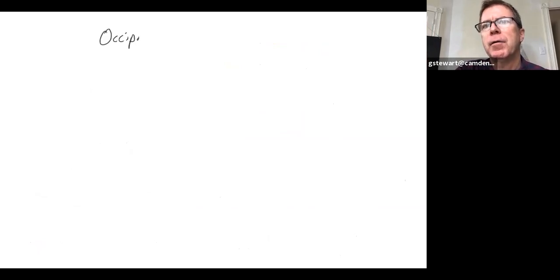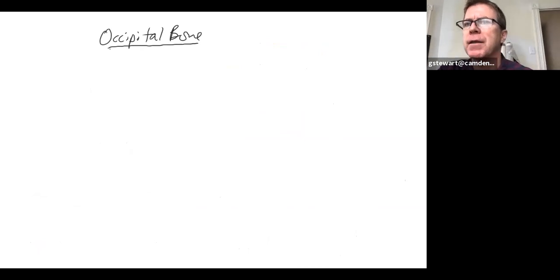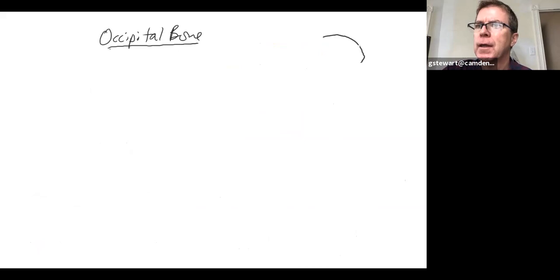The occipital bone creates the rear posterior backside of the head and cradles underneath. So if I do my skull again really quickly, there's a nasal bone. Skull comes down here. The occipital bone does this.